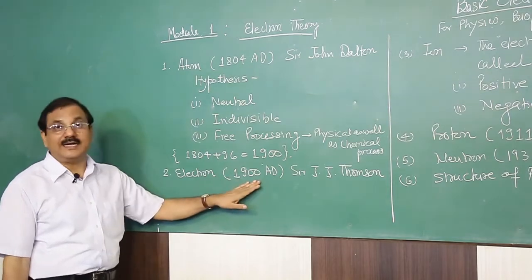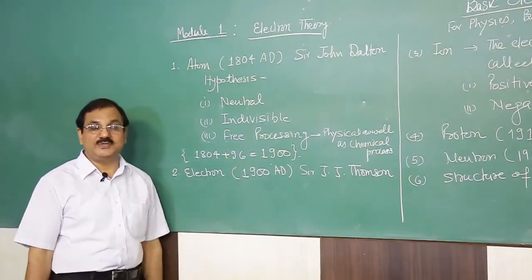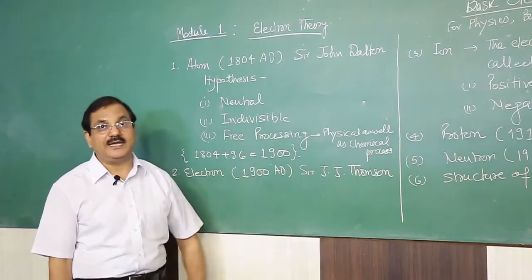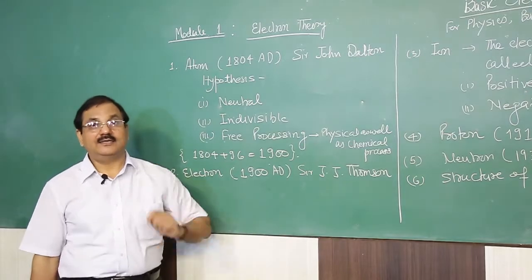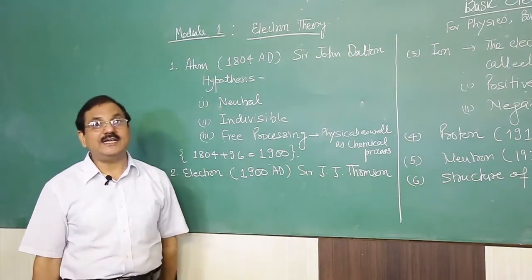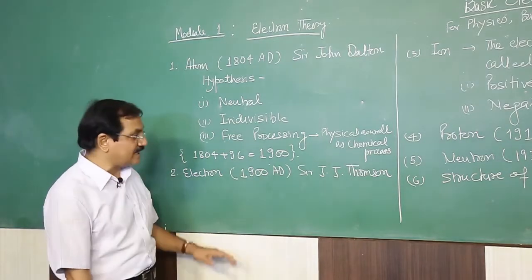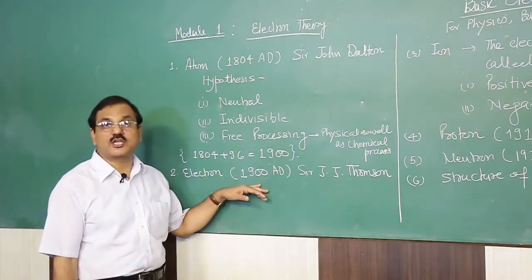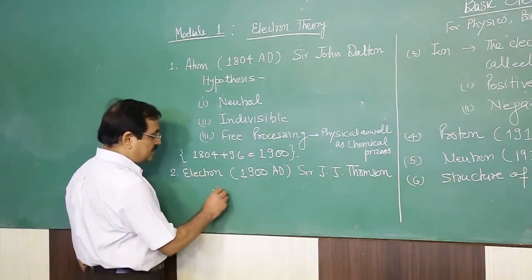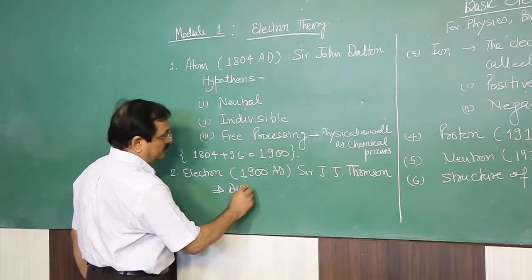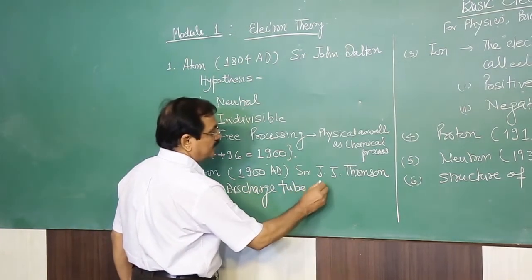Before 1900 AD, there were several discharge tube experiments. The years from 1880 to 1889, or the last 20-year period, are very important for the discovery of the electron, especially in reference to the discharge tube experiment.